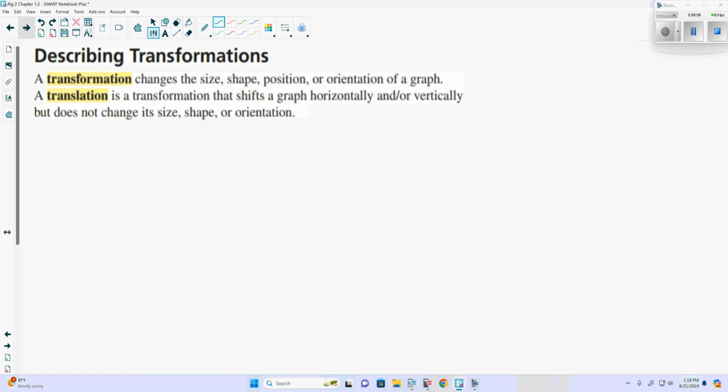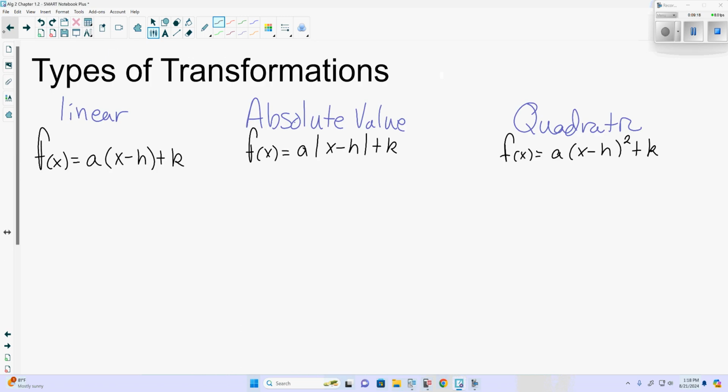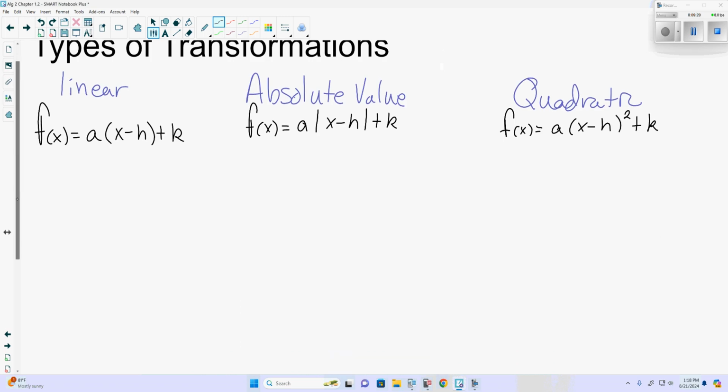Now, the one that does this is H and K. H and K move it up, down, left, right. Not together, but they do individually. With these here, H, and this is across all three.